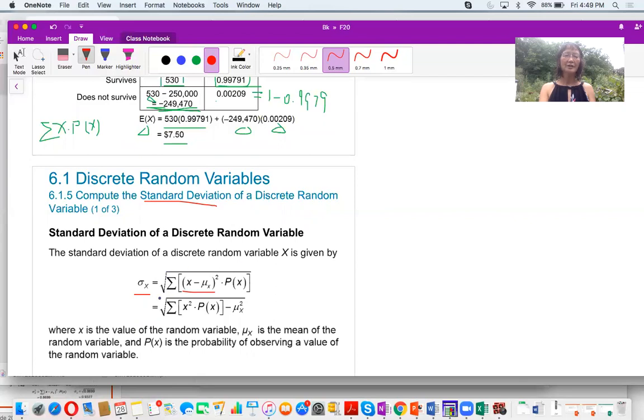Finally, you have to take the square root. Another way to calculate is using this formula: x squared times P(x), add them all, then subtract the mean squared, and take the square root of the result. X represents the random variable, mu x represents the mean of the random variable, and P(x) is the probability of x.